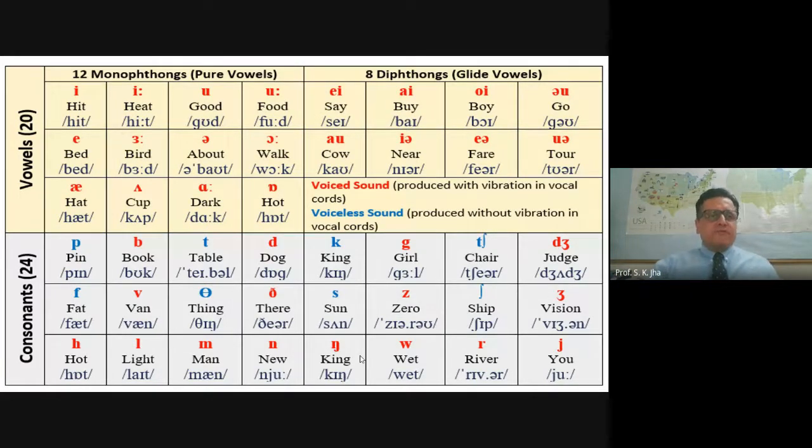So here you have 44 sounds. If you see, you have 24 consonants and 20 vowels. I'm just giving you 1 minute to have a feel of how these sounds have been arranged.